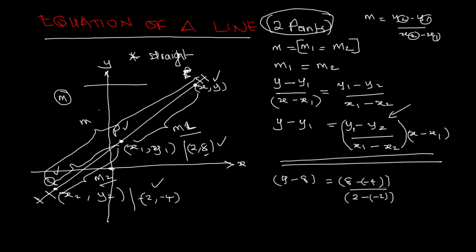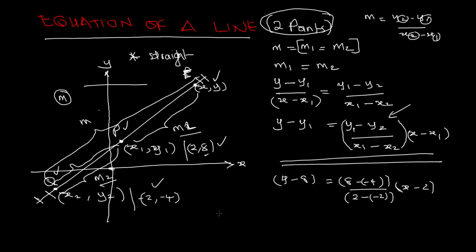These we put in brackets. Always be in the habit of putting brackets because that helps you to segment your work. Now here we go to x minus x1, and x1 is 2. Okay, so let's continue.